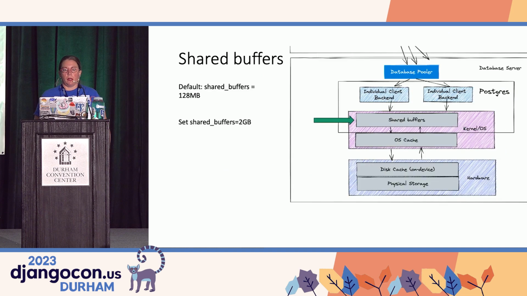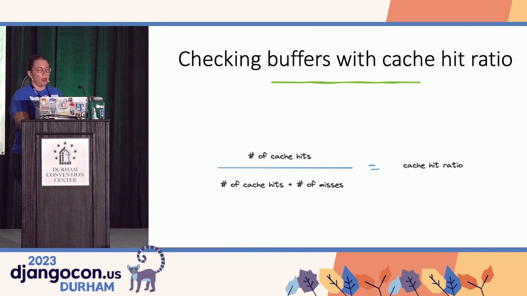I've got a few sample numbers in here for a really small standard production machine, let's say it's 8 gigs, just a couple cores. It's not a huge machine, but you can run a decent production size machine in Postgres on 8 gigs of memory. And so that standard Postgres memory setting of 128 megs is not going to do it. You're going to want to get yourself some more shared buffers.